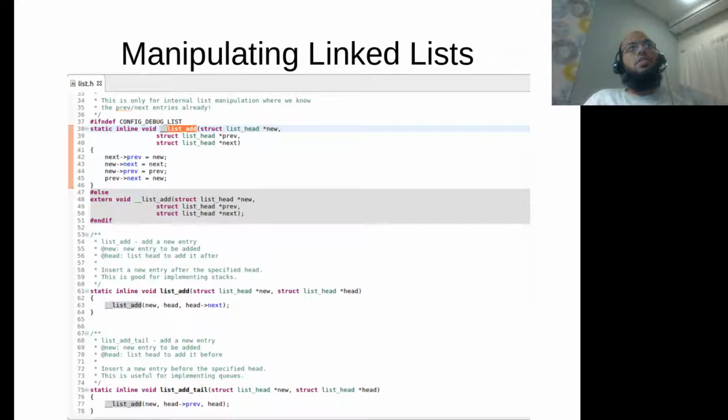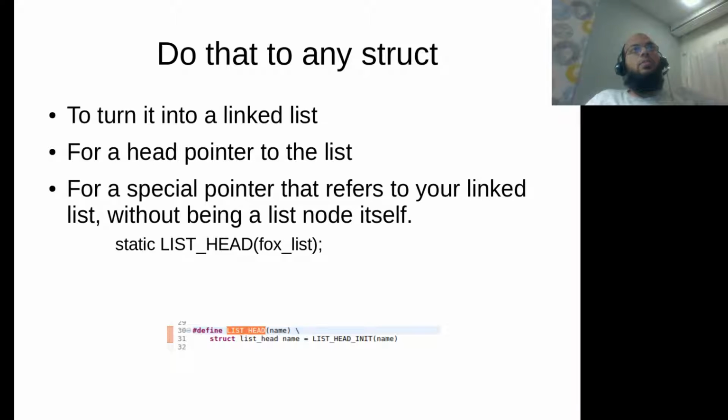So new is the new entry to be added, and head is the list head to add it after. This is a pointer to the list head in your linked list, and this is what you get from this call, list head fox list. So this is your header.